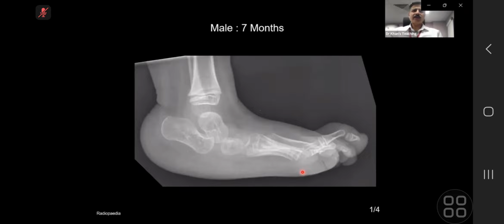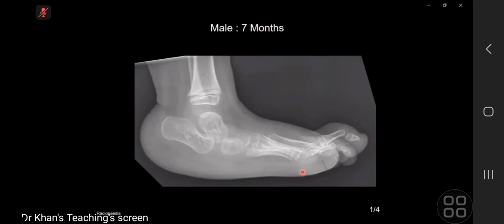Some of the others you are getting, feet and feet. So what is your diagnosis? Spot diagnosis. 5-second diagnosis. Are they missing the... They've got rocker bottom feet?